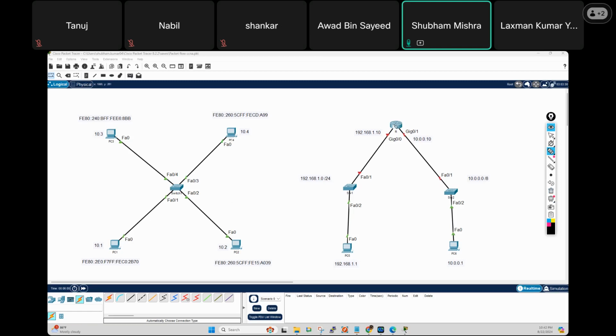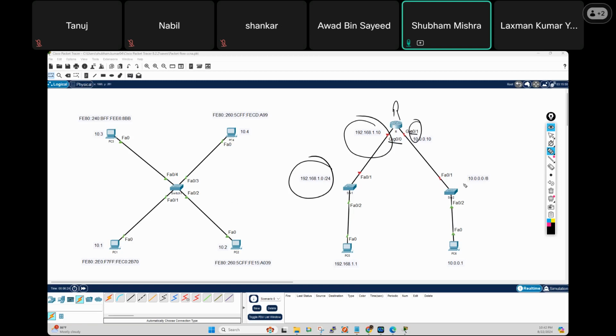Okay. So here guys we have a router. And we know every interface of a router will be in a different network. So on this router, how many interfaces are there? Two interfaces, gig 0/0 and gig 0/1. So on gig 0/0, we configure the 192.168.1.0 network.